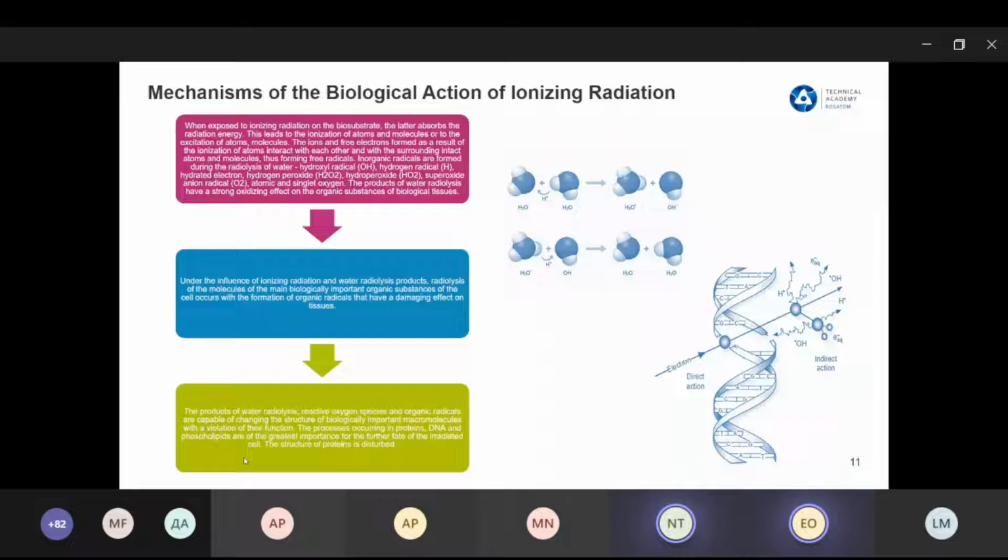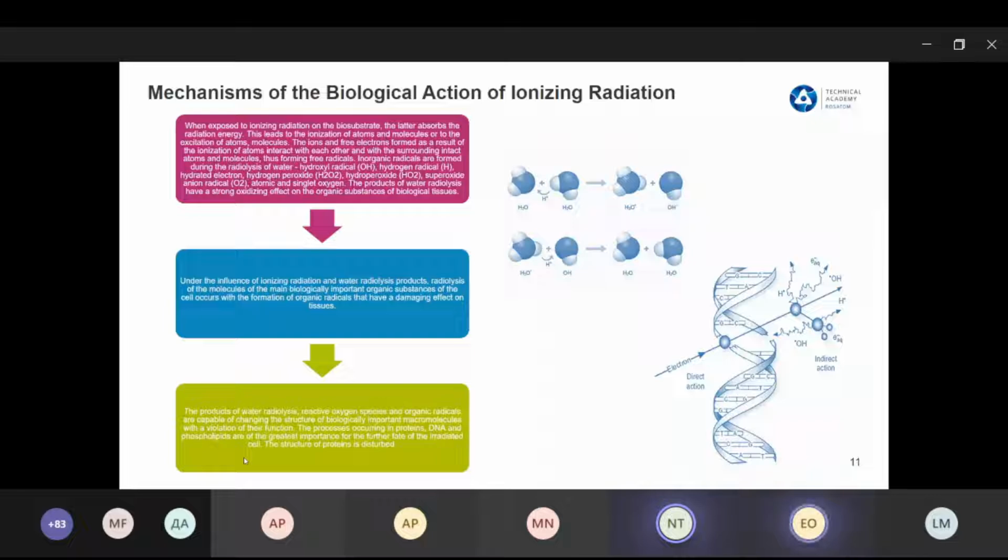The remaining part of the atom acquires a positive charge, or to the excitation of atoms and molecules, the transition of an electron to a higher energy level within an atom. The ions and free electrons formed as a result of ionizing of atoms interact with each other and with surrounding intact atoms and molecules, forming free radicals.